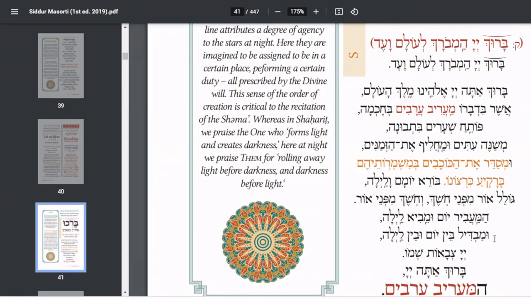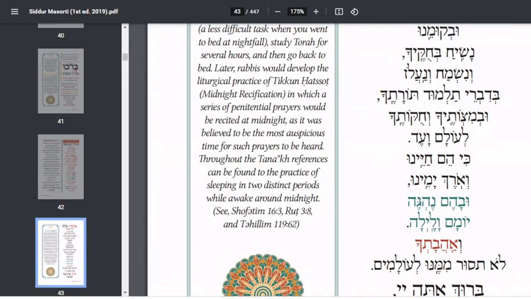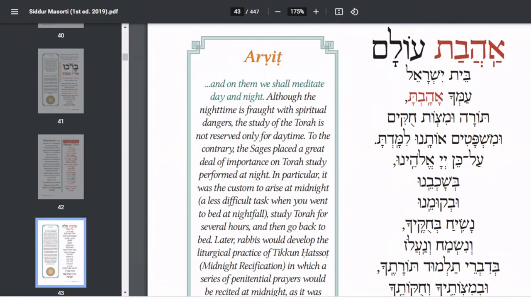Do we have any other examples here of those short words? Here we've got ha-ma'ariv, the ma'ariv. Ma'ariv starts from this root of ayin resh bet, which is erev, like evening. So the ma'ariv is the coming on of the evening. And let's look here. This is on the next page.